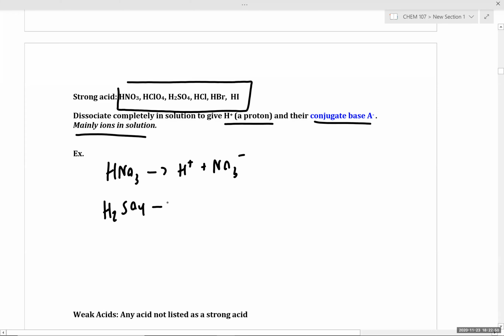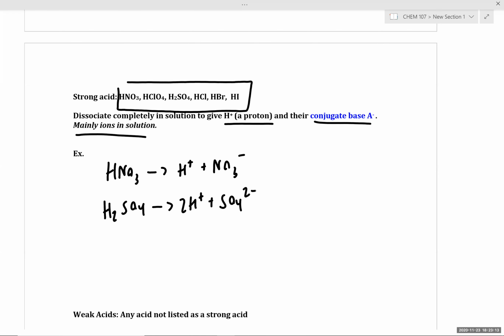Likewise, sulfuric acid. How many protons can sulfuric acid dissociate? 2 H plus. Yep, exactly right. So sulfuric acid can dissociate to 2 equivalents of H plus and SO4 2 minus.